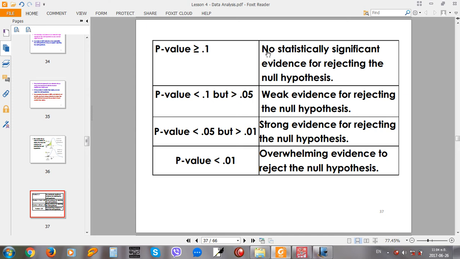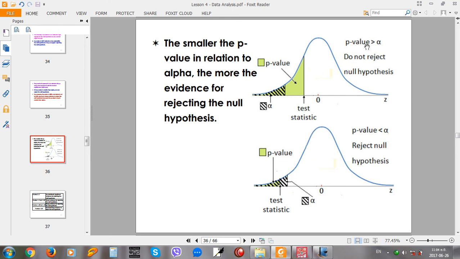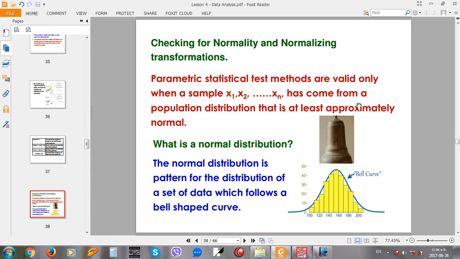If it is between 0.05 and 0.01, there is strong evidence for rejecting the null hypothesis. If it is less than 0.01, there is overwhelming evidence to reject the null hypothesis. So this is the way of rejecting and accepting the null hypothesis.